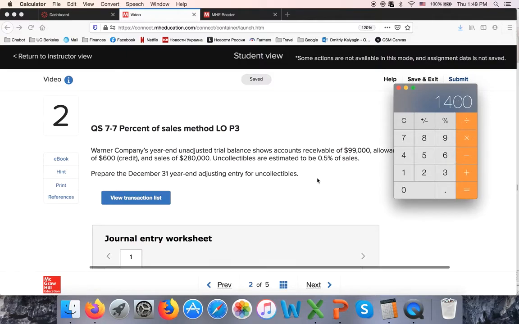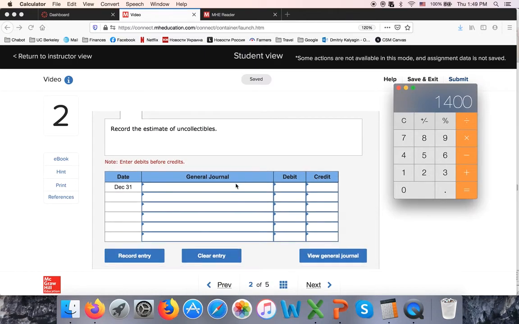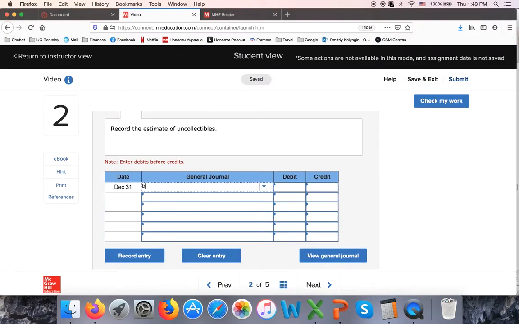One step. I debit bad debt expense. I credit ADA. Guys, again, it doesn't matter if I use percent of sales or percent of receivables. The accounts are the same. It's just that the way I calculate the amount is different. 1,400, I'm done.